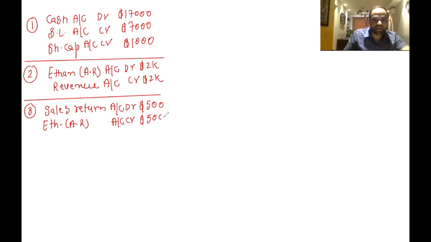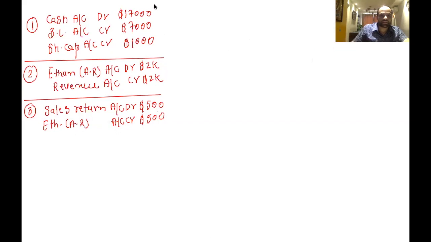Account receivable is reduced. If they return money back to you, it will be reduced. That's why account receivable credit, right?